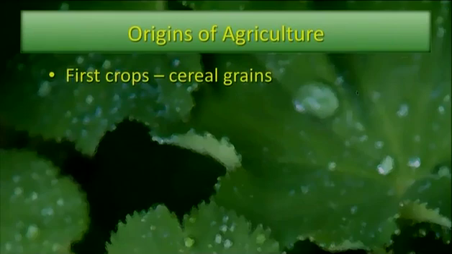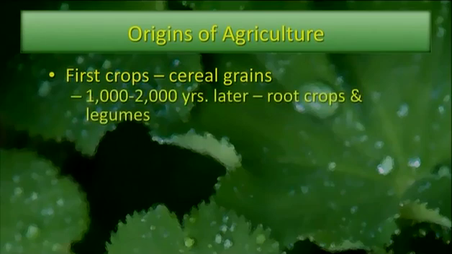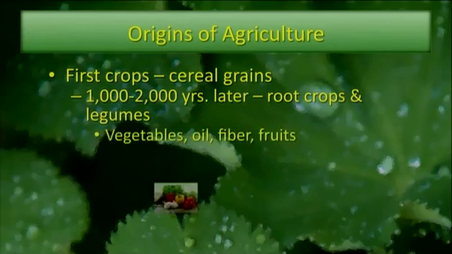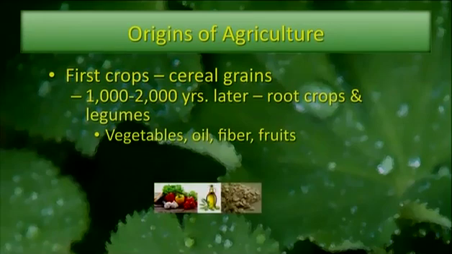So the first crops were cereal grains, things like wheat. About 1,000 to 2,000 years later, you had root crops such as sweet potatoes, yams, and cassava, and legumes such as peas and beans. You also had crops of vegetables, oil, fiber, and fruits.